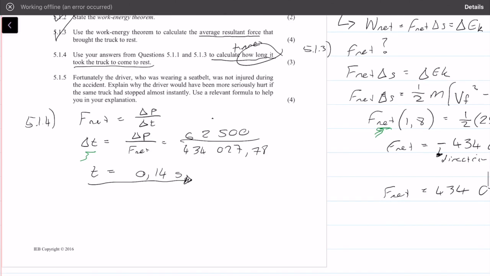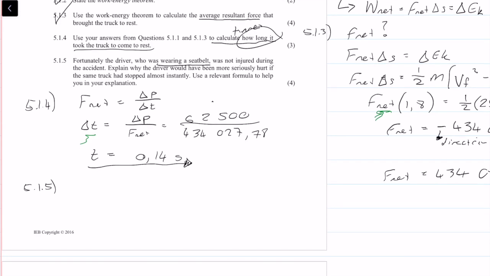Then question 5.1.5. Fortunately, the driver who was wearing a seatbelt was not injured during the accident. Explain why the driver would have been more seriously hurt if the same truck had stopped almost instantaneously. Use relevant formula to explain. So the formula I'm going to use is the one we just had, which was F net change in T is equal to change in momentum.